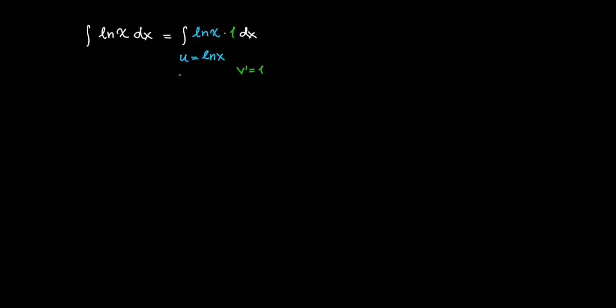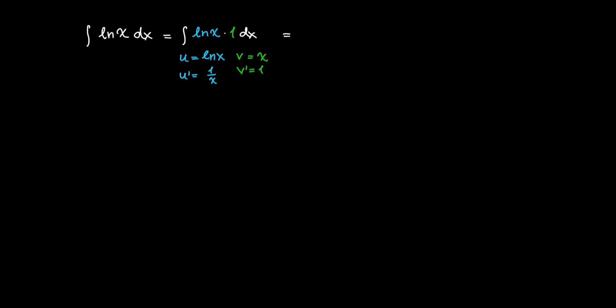So that means that u prime, the derivative of the natural log of x, is going to be 1 over x, and of course the original v is just going to be x, since its derivative is simply 1. So now we apply the integration by parts rule. We first multiply the two original u and v together.